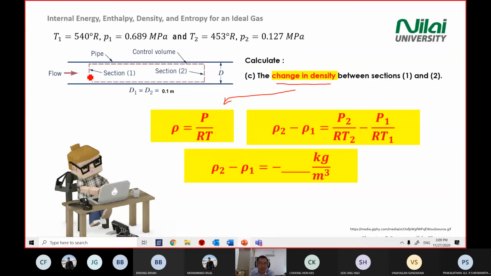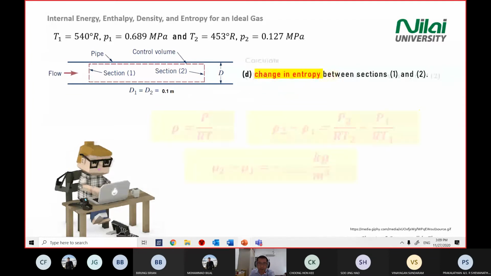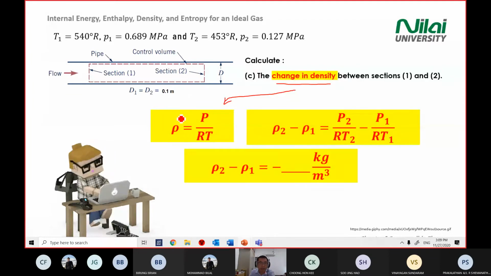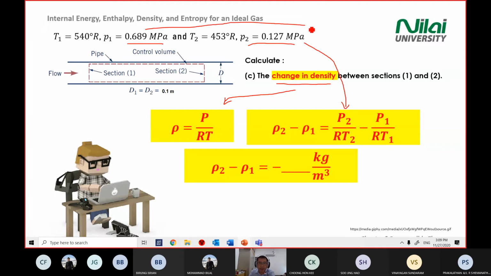The density is based on the equation of state. P2 is this one, P1 is this one.